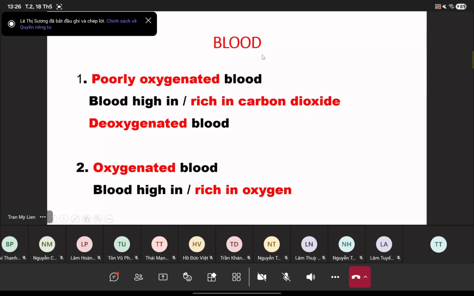Some of the key terms in terms of the blood: deoxygenated blood, or blood high in or rich in carbon dioxide. Oxygenated blood, or blood high in or rich in oxygen.